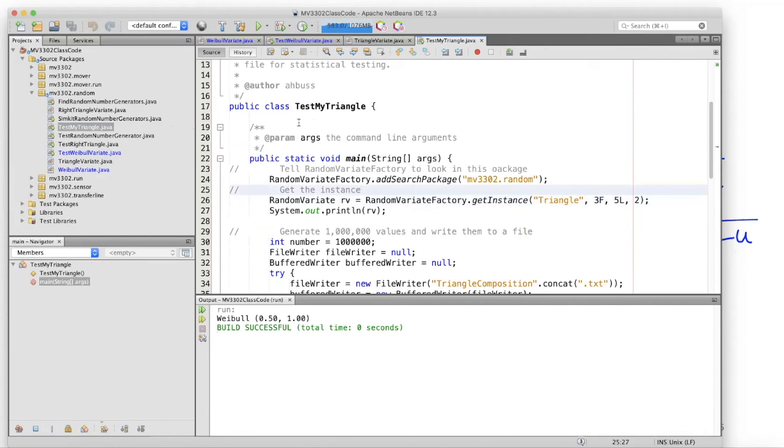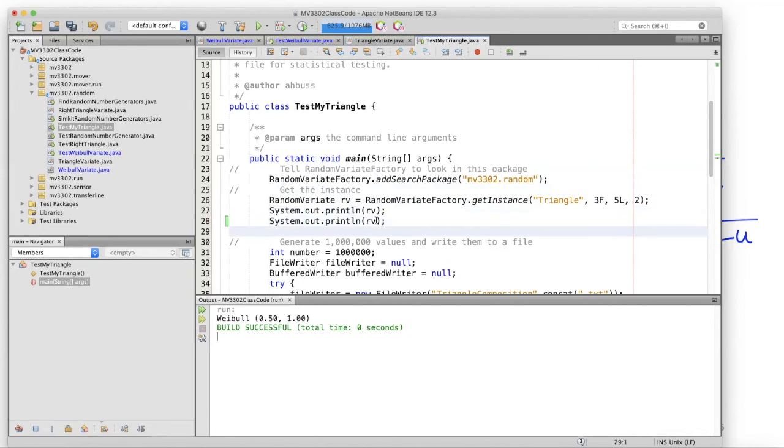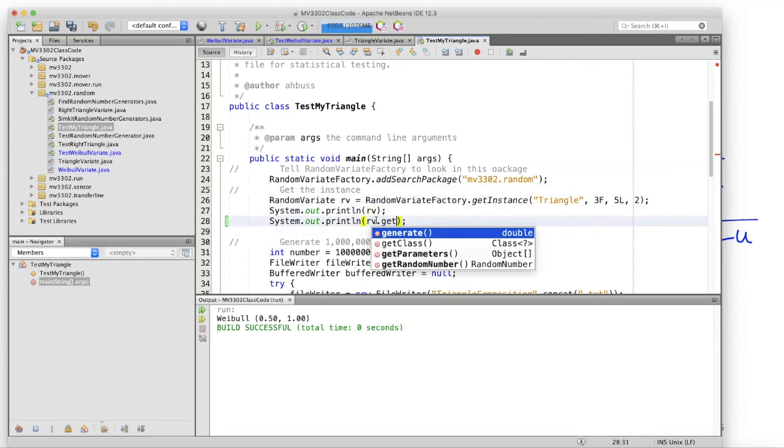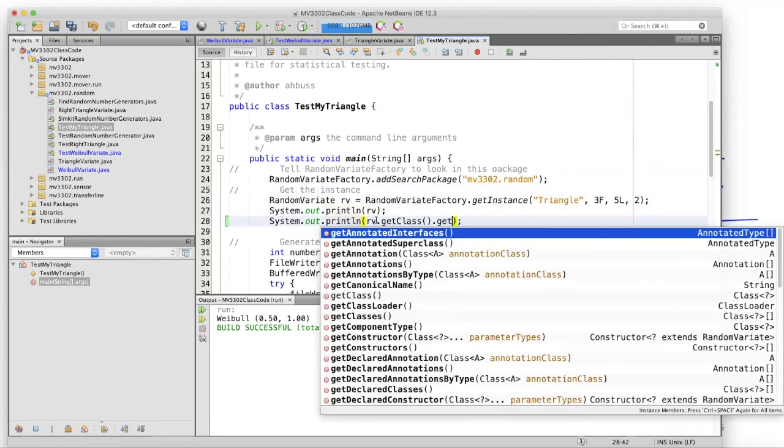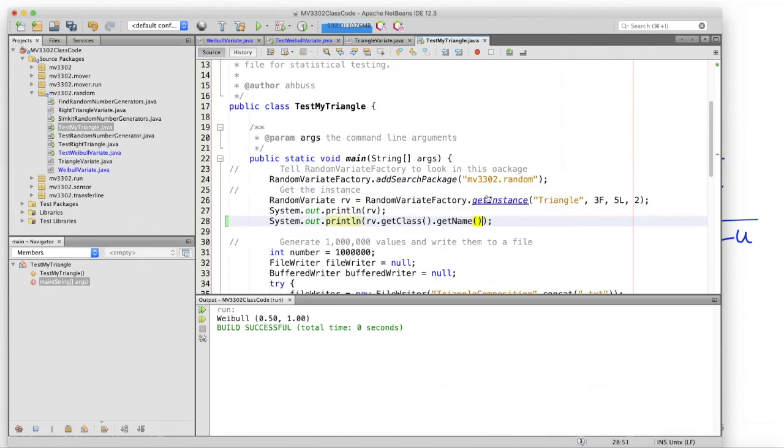The reason I say my triangle is because there's actually one of these in SimKit. So I wanted to make sure I use this one and not the one that's in SimKit. In fact, just to double verify that, I'm going to print out the name as well.